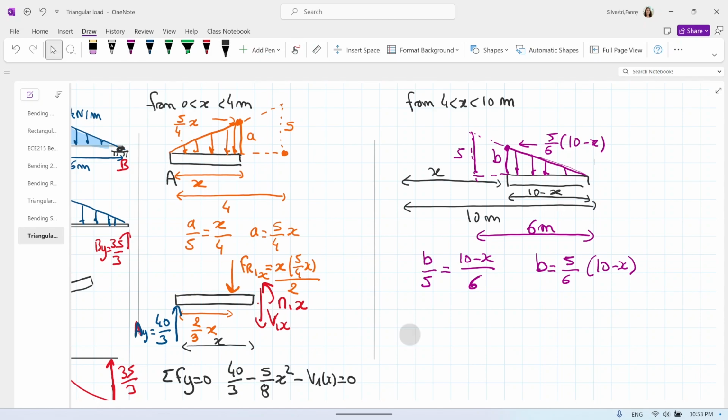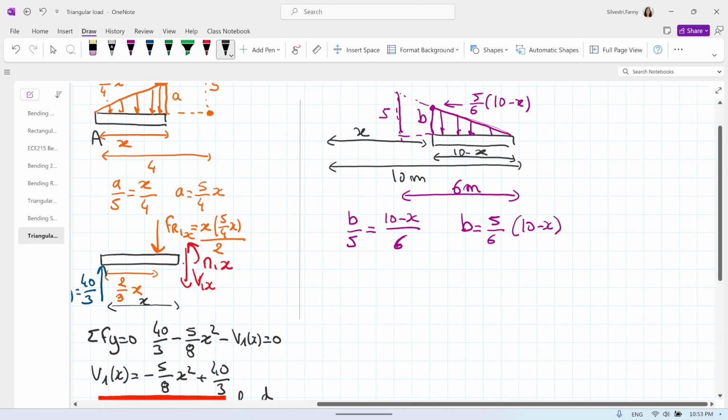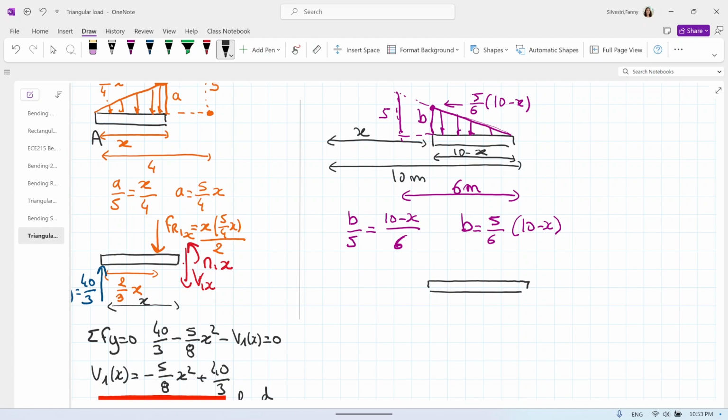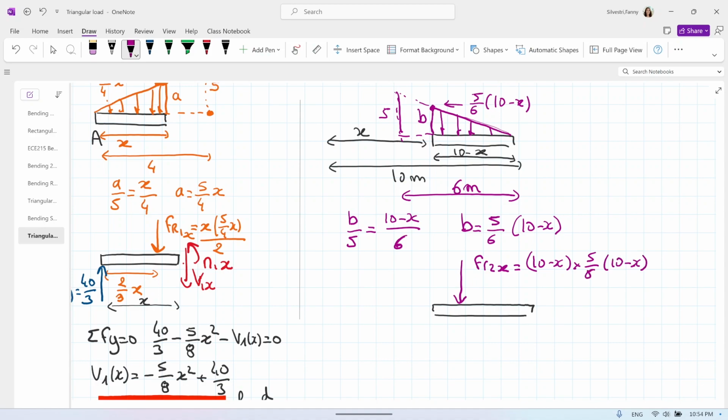Now step number 2, let's find FR2x. So we have our beam, and FR2x will be somewhere there, and it's equal to what? The length of the triangle, so 10 minus x, times the force, so times 5/6 (10 minus x), and everything divided by 2 because it's a triangle.